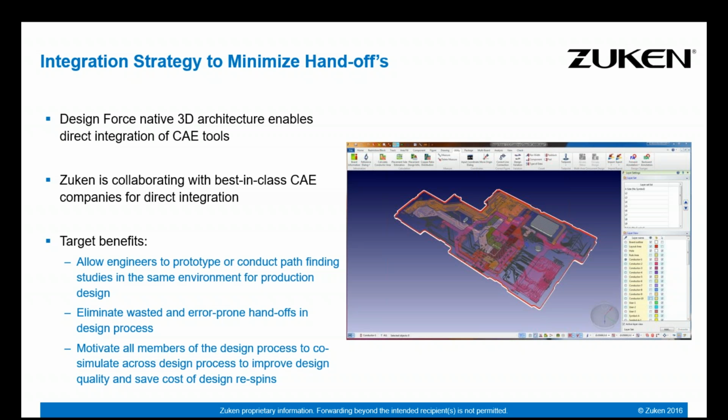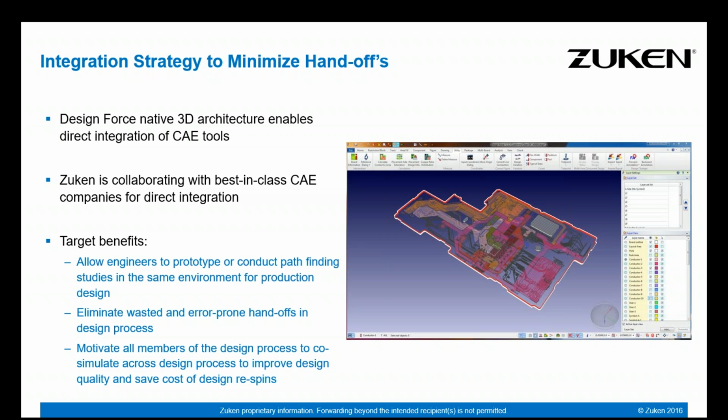Design Force, as we are talking about, is a native 3D architecture that enables direct integration of CAE tools. Zuken is now collaborating with best-in-class CAE companies for direct integration.